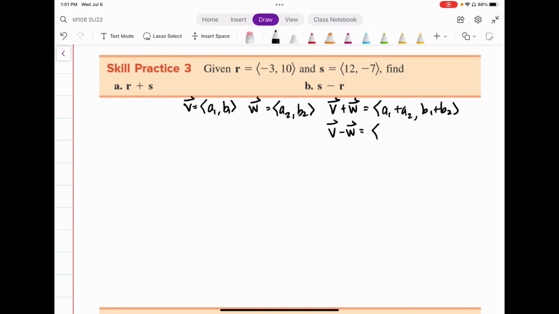And their difference is found by subtracting component a1 minus a2 and b1 minus b2, where whichever point is first has their components first.